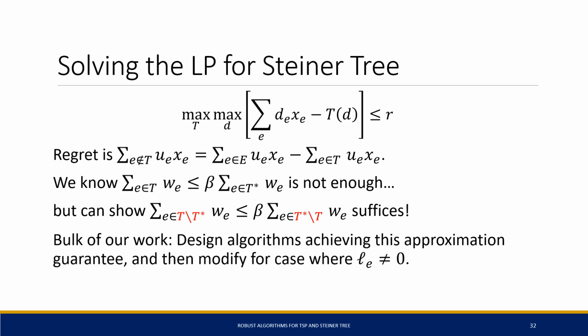So the bulk of our work is to design algorithms that achieve this new notion of approximation, and then we also need to achieve even stronger notions of approximation to modify for the case where L_e is not equal to 0. Unfortunately, I won't be able to go into details due to time.